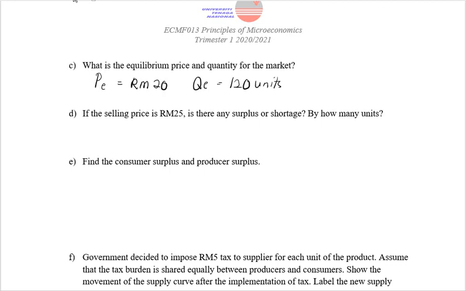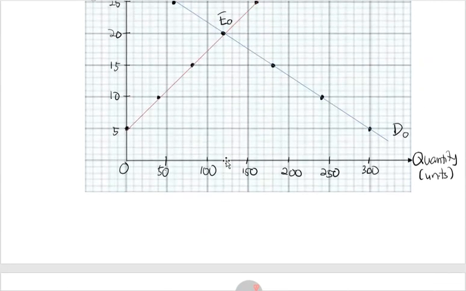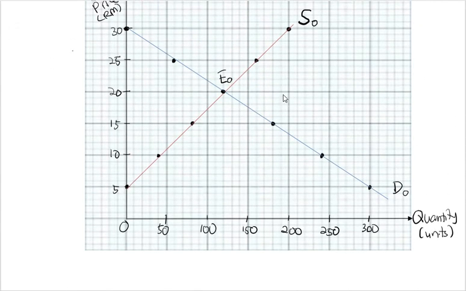units. Okay, question D. If the selling price is RM25, is there any surplus or shortage? By how many units? So this is a situation where you are going to look at what happens if the product is sold at RM25. So just now, you have actually determined the equilibrium price, which is 20 ringgit.